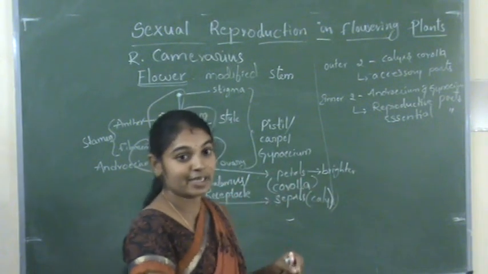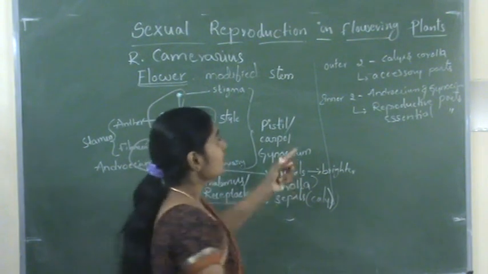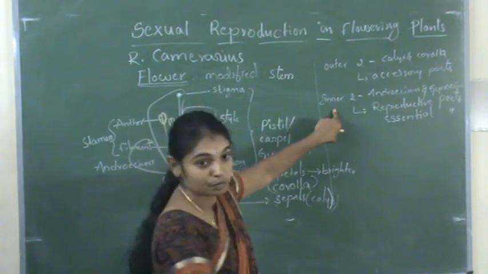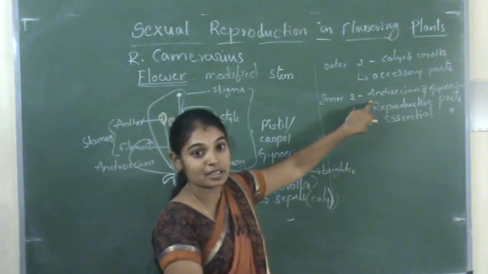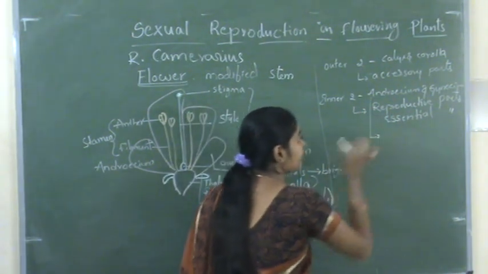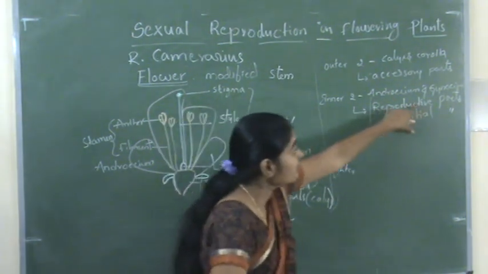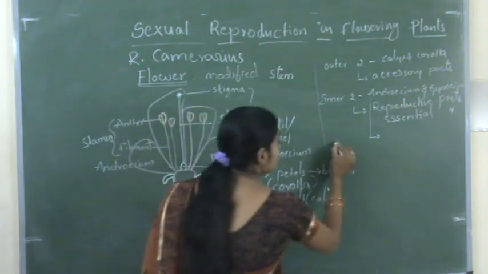A little later we will discuss how pollination takes place. And the inner 2 whorls: androecium is the male reproductive part and gynoecium is the female reproductive part.